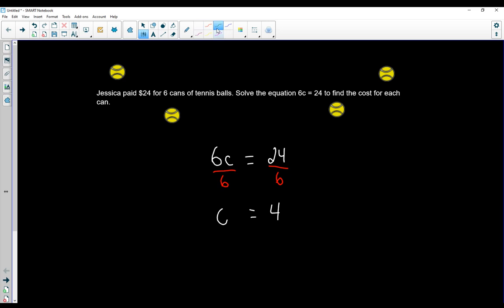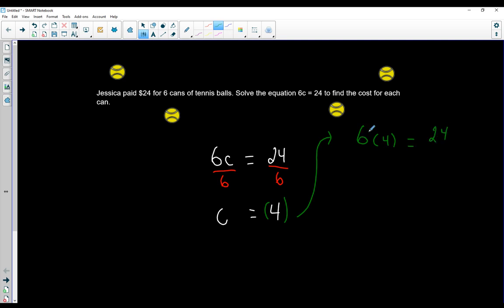So now we're going to do our check, make sure that we've done this correctly. And we do the check by replacing the variable with this value, okay? So we'll rewrite our equation of 6 multiplied by the value of c, and we're saying the value of c is 4, equals 24.